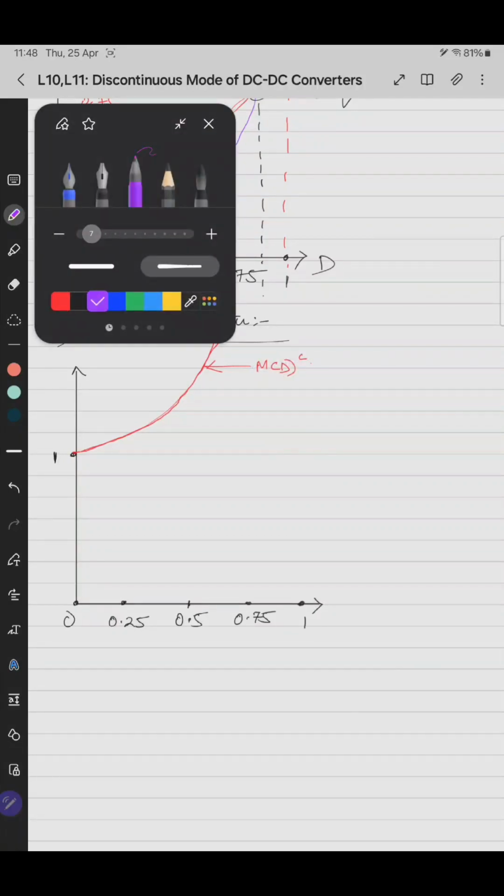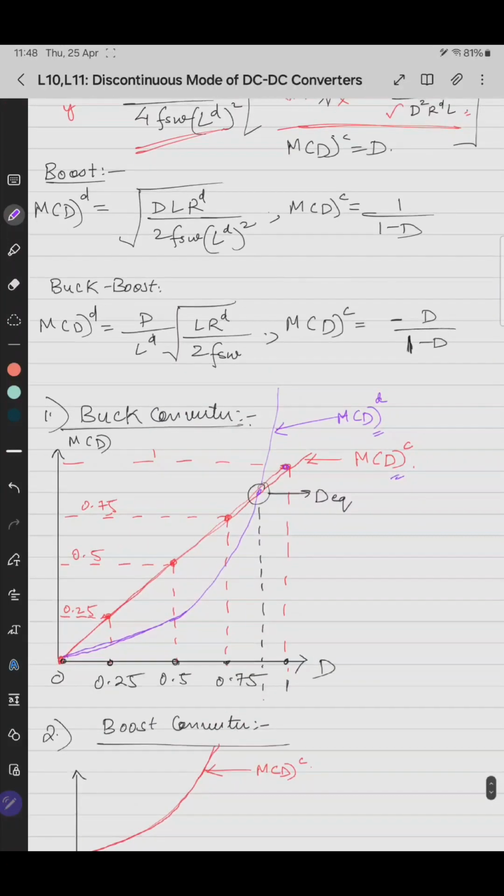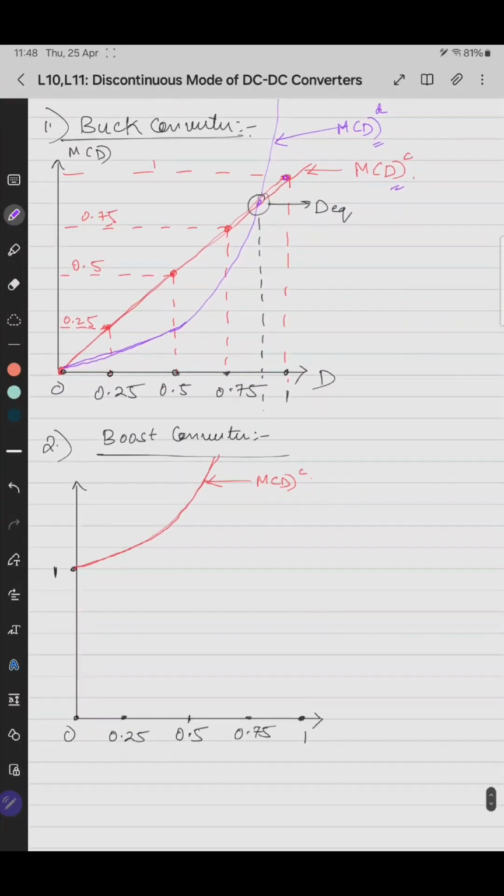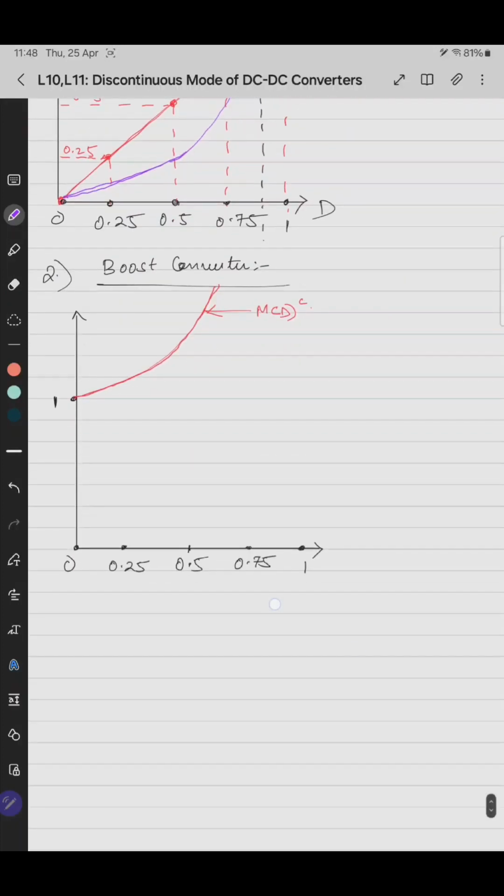Now if we plot for DCM, it has a square root of D term, so y equals square root of x. So the square root of x looks like this. At D equals 0 it is 0, and then it goes on like this. This is M of D for DCM.